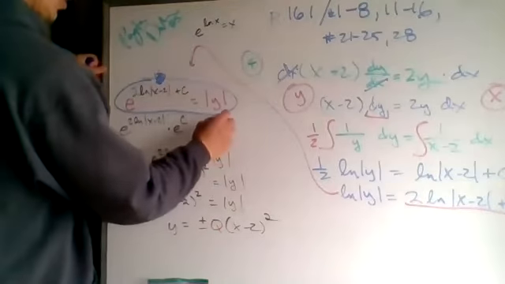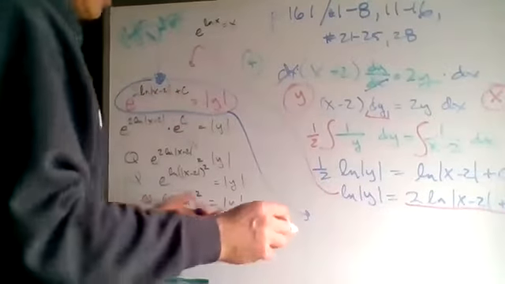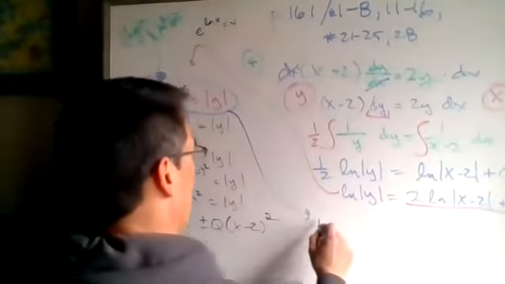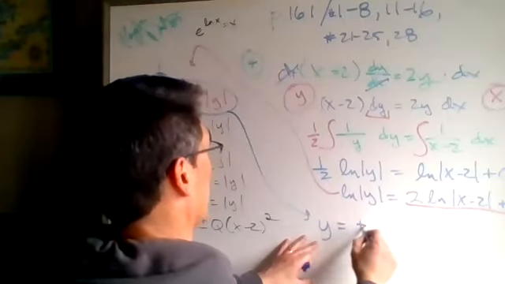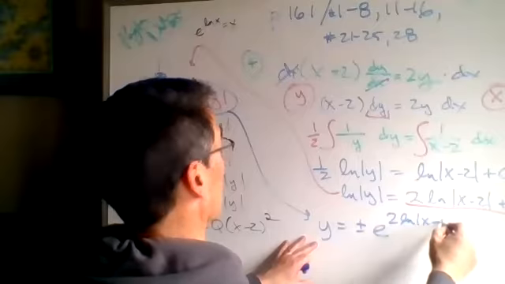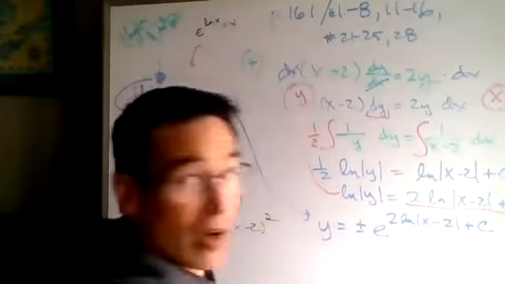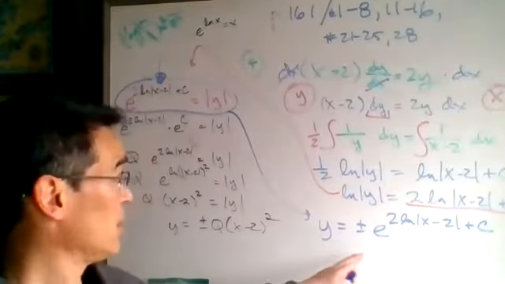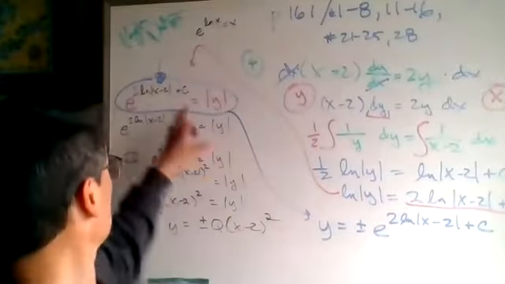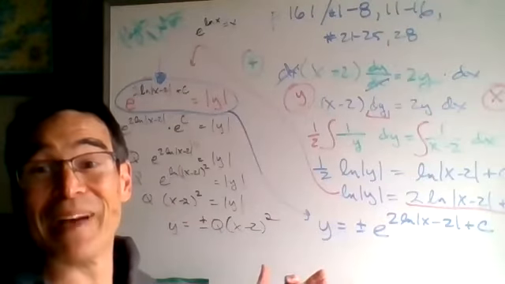So from this point right here, if this were really the question, you could say y is going to be plus or minus e to the 2 natural log. And that is okay, right? This is a full credit answer because all this is simplifying. You don't have to simplify. Yeah, you like that better.